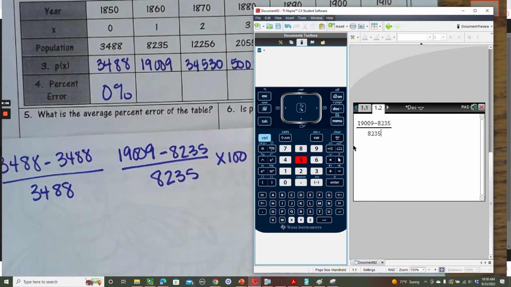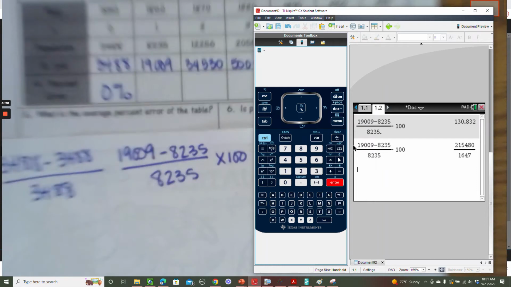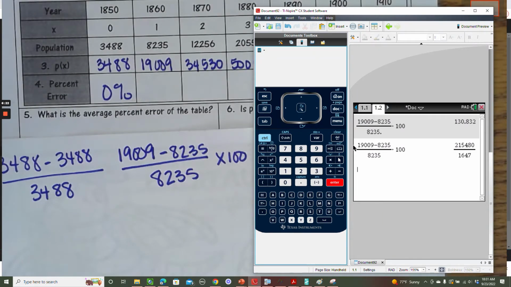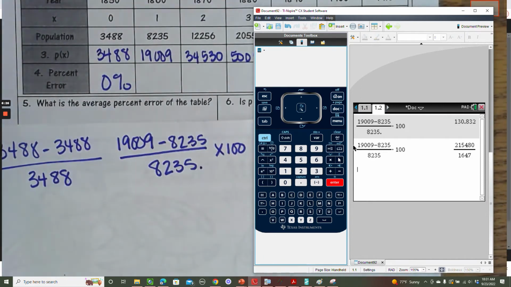And on the bottom of your fraction, I'd put a decimal point and then do times 100, because that should automatically switch it to decimal form. If you don't put that decimal after the number on the bottom, it gives you a stupid fraction. So what I did was when I typed it in, I put a decimal point there.